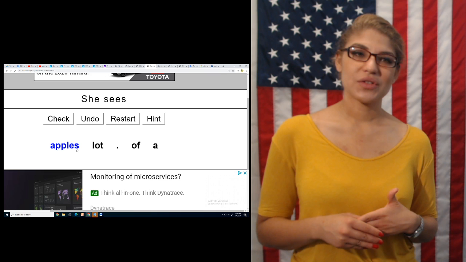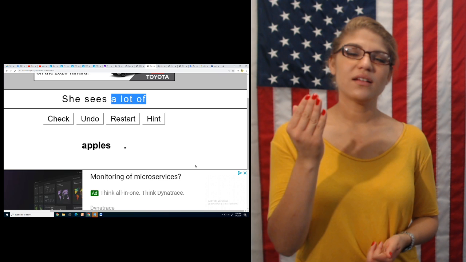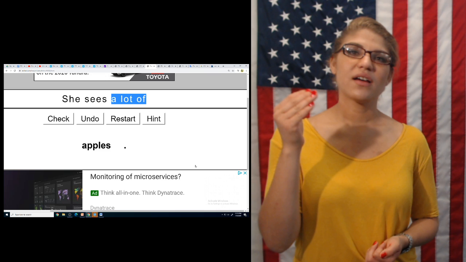We can use the term a lot of. A lot of and many are equal. You can say many apples, or you can say a lot of apples. If you remember from lesson 4, unit number 1, we talked about a lot of and a little of.